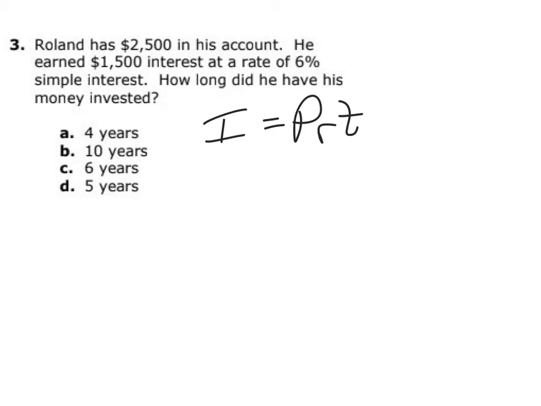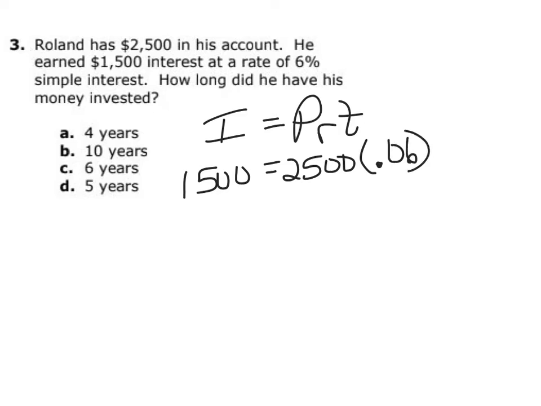Now, they gave us the interest of $1,500. The principal is $2,500. The rate is 6%, but we're going to change it to a decimal, and then we're looking for time. So now we're going to multiply 2,500 times 0.06.